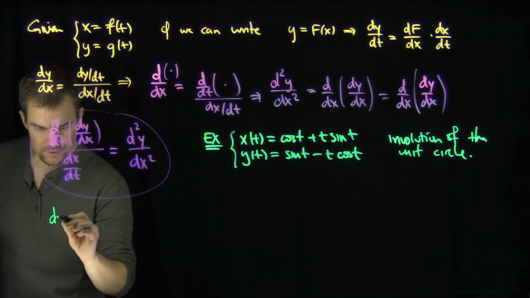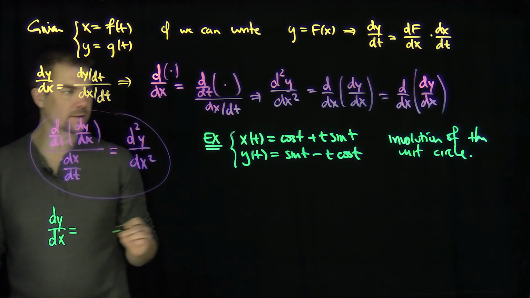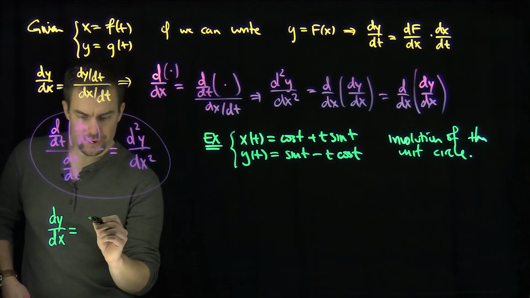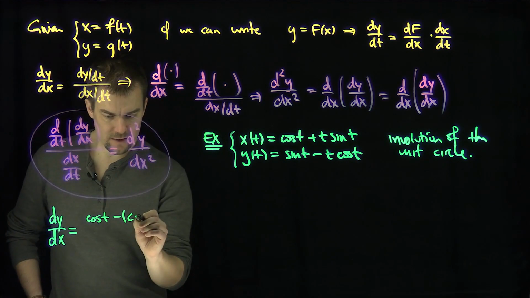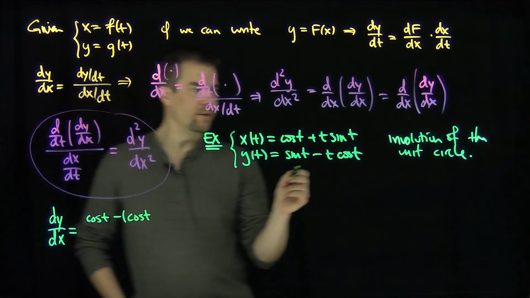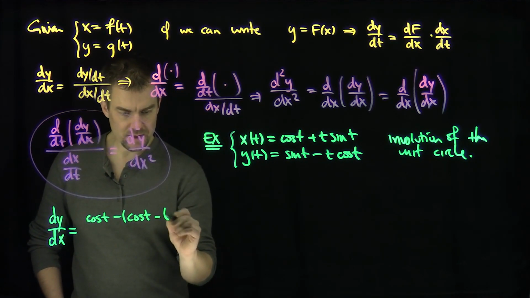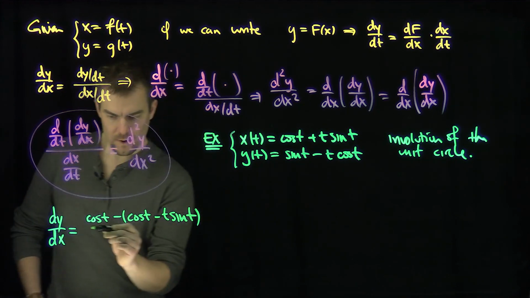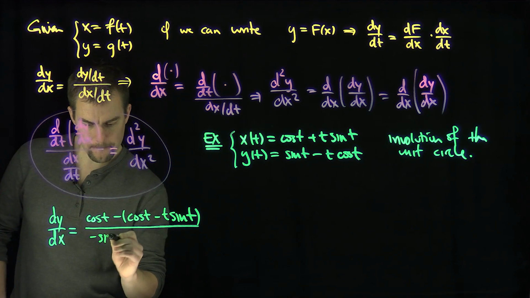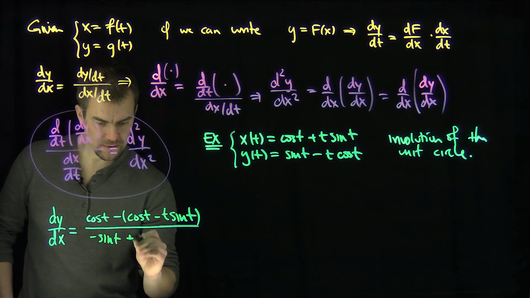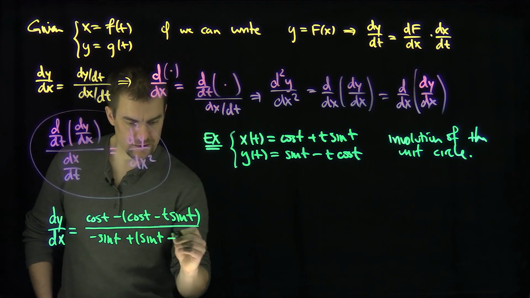Okay, so let's do the first derivative. What's dy dx? It is going to be dy dt, which is cosine of t minus cosine of t, and then the derivative of cosine is negative sine, so I have a minus t sine t, all divided by the t derivative of x, which is negative sine t plus sine t plus t cosine t.